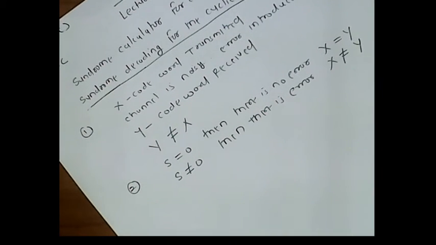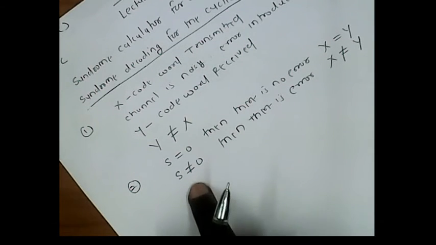By using this, we can find the error in a given code word, and error correction is required if the syndrome is not equal to 0.